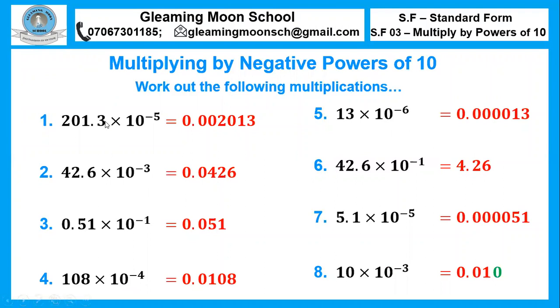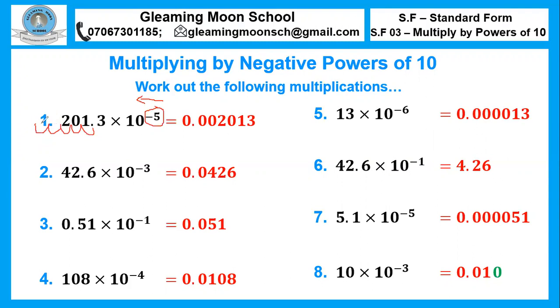Right, so for number 1, we have 201.3 times 10 raised to the power of -5. The power is negative, and because it's negative, you move your decimal point to the left. How many places? 5 places to the left: 1, 2, 3, 4, 5.